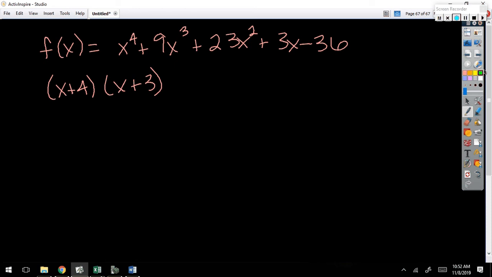Divide by 1. Let's start with this factor. Okay, so I'm going to start with this one. And I have 1, 9, 23, 3, negative 36.